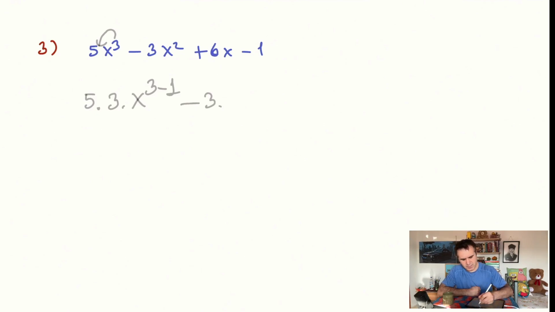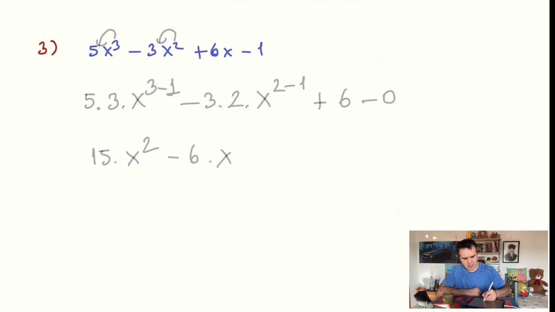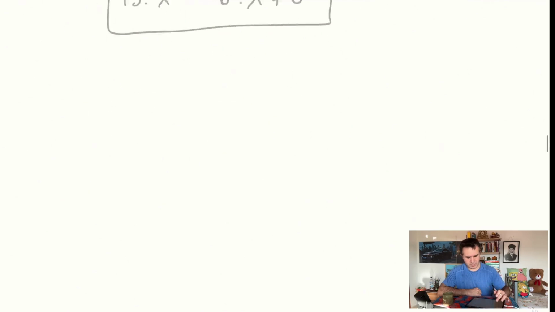We write it here, and take the exponent as coefficient here, 2 times x to the power of 2 minus 1, plus 6x. The derivative of 6x vanishes x here, and the derivative will become 6, and the derivative of a constant is 0. 5 times 3 is 15, x to the power of 2, x squared, minus 3 times 2 is 6x to the 1, and we don't need to write 1 here, and plus 6. The derivative will become this.